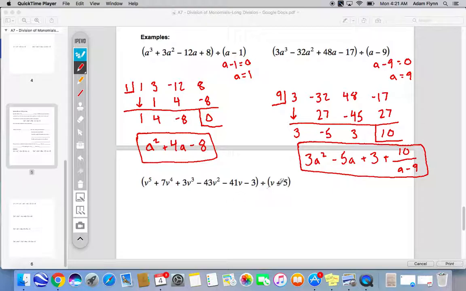Okay, next example. So I have v plus 5, set that equal to 0. So I know v is going to equal negative 5. So negative 5 is in my box. So my coefficients are 1, 7, 3, negative 43, negative 41, and negative 3.